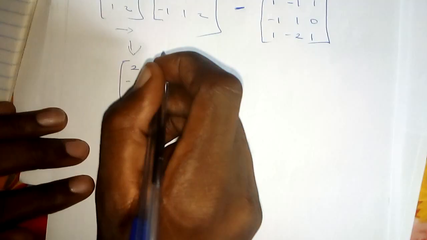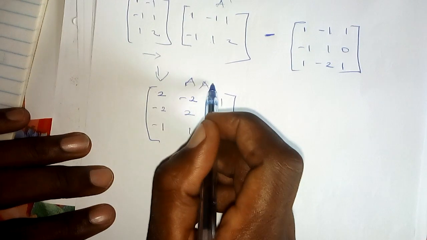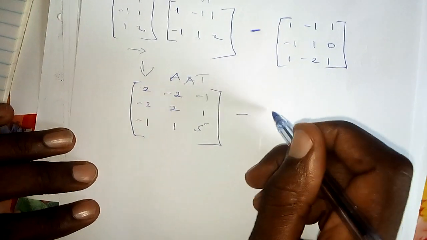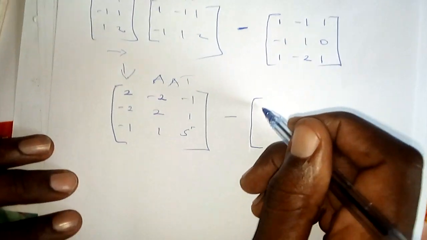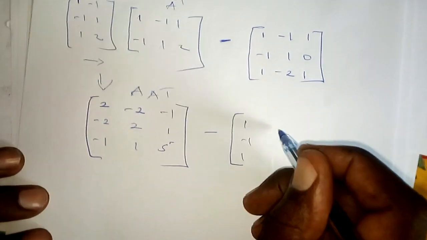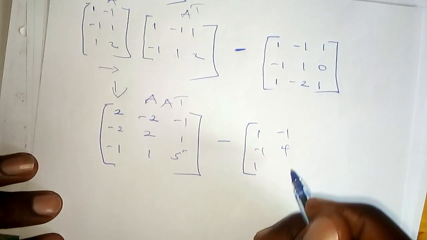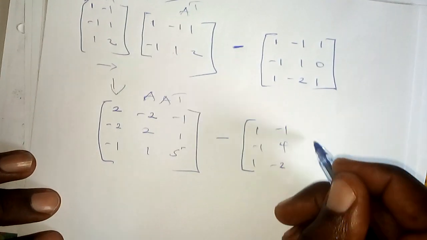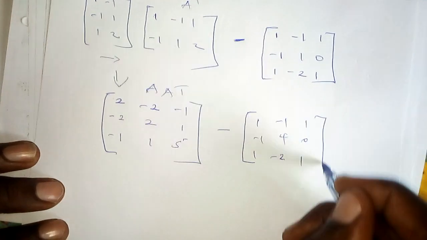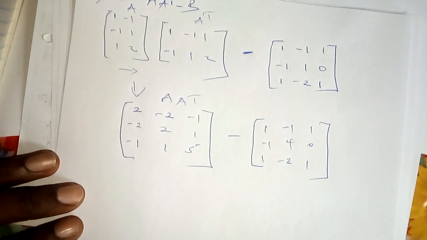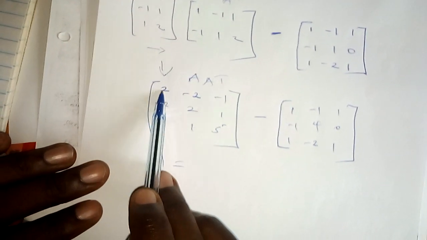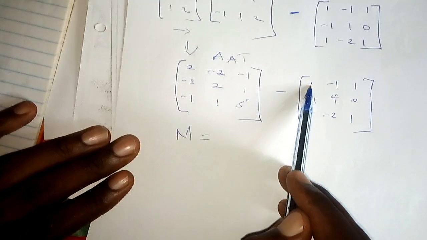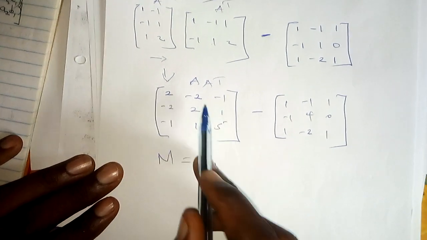Now you subtract B. You can see we are still under the operation of matrices, the subtraction of matrices. So M is equal to, when you take negative 2 minus 1, it is negative 3.